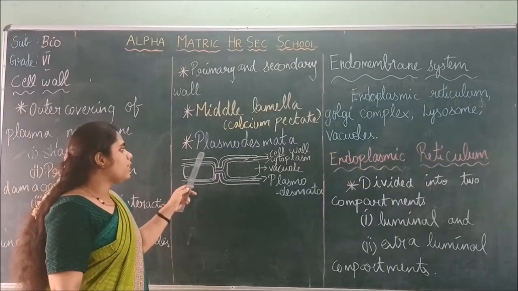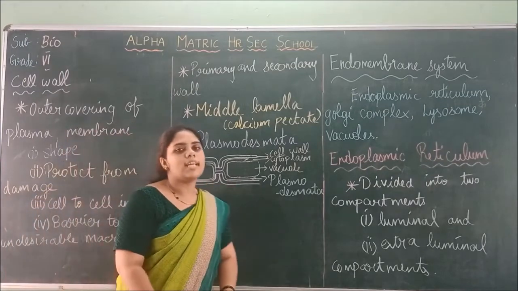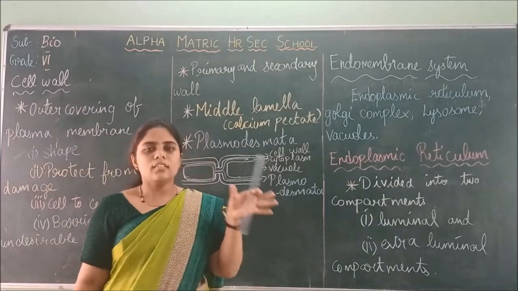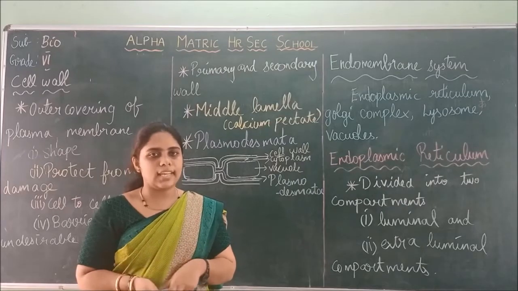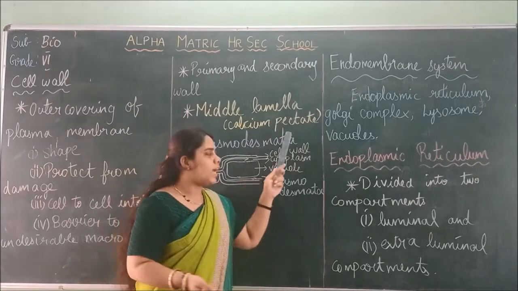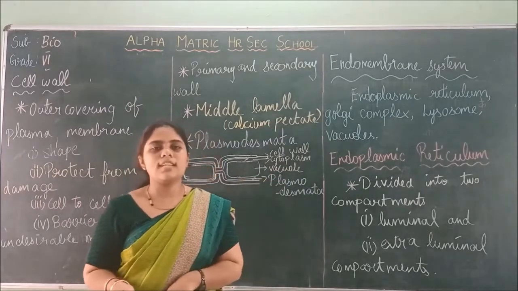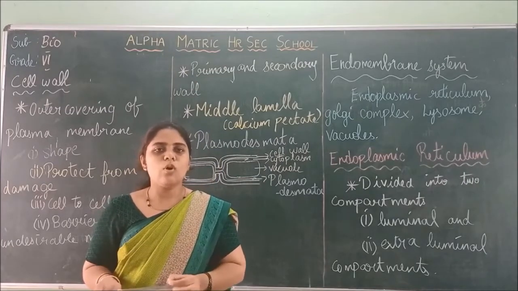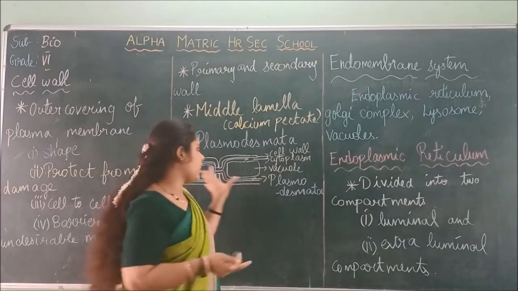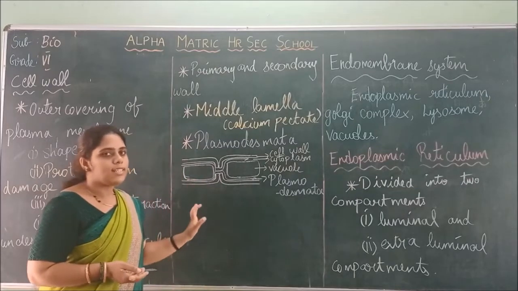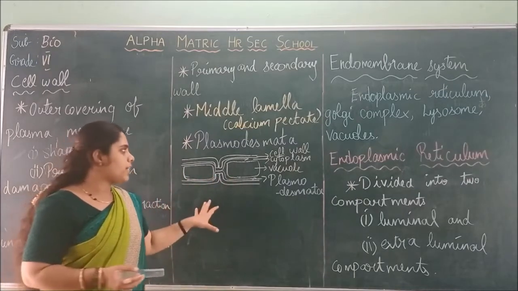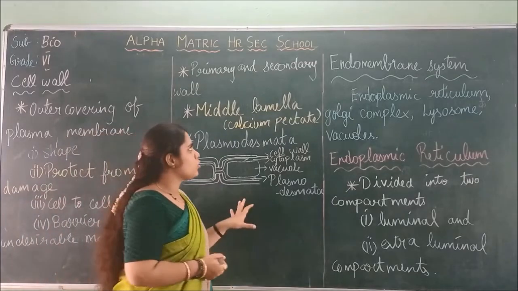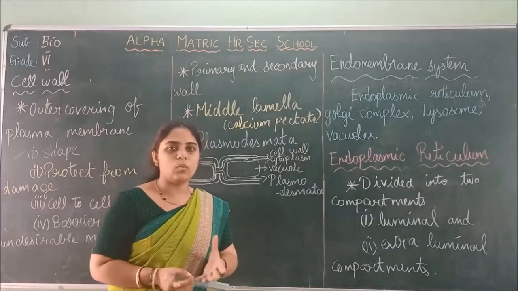That is called plasmodesmata. There is a connectivity between one cell and another cell. That is called plasmodesmata. So this is all about the cell wall.